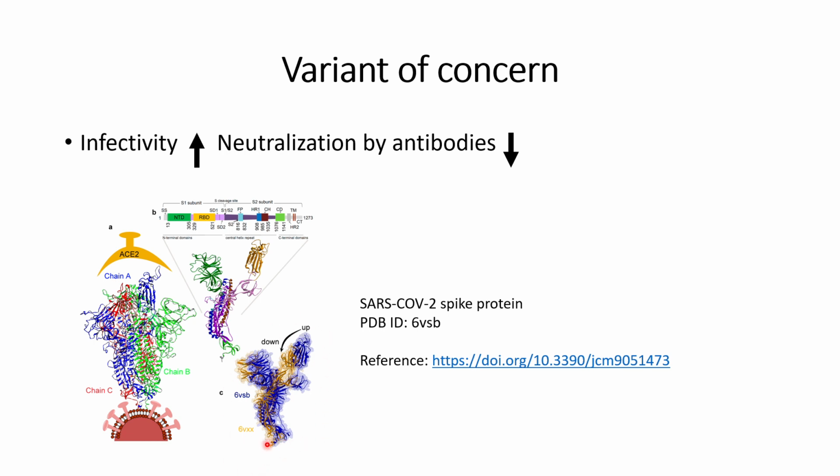This part is the receptor binding domain in detail, and this can also be accessed with 6VSV when we need to see the up configuration, and when we need to see the down configuration, we can use the PDB ID 6VXX.